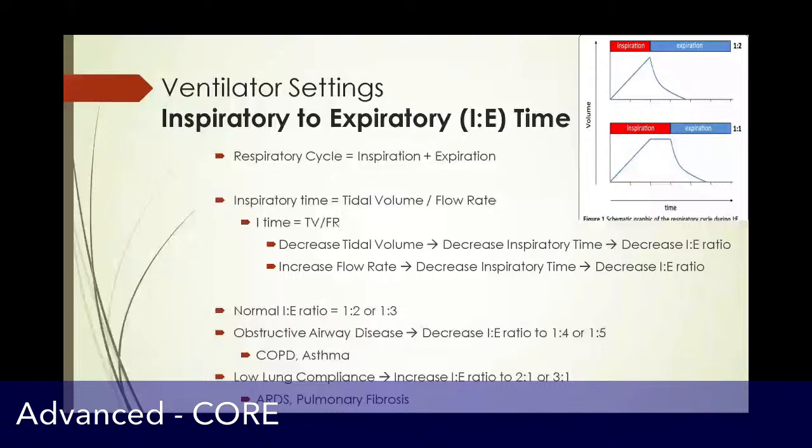On the other hand, if you have a patient who has low lung compliance, something like interstitial lung disease like pulmonary fibrosis, or they develop acute respiratory distress syndrome, then you want to flip the normal I to E ratio inverse. So you have something like an I to E ratio of 2 to 1 or 3 to 1. Longer inspiration than expiration.